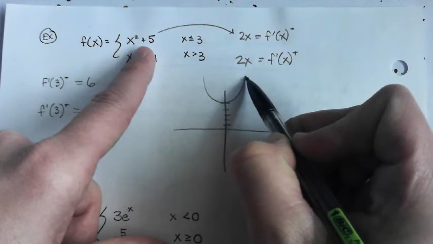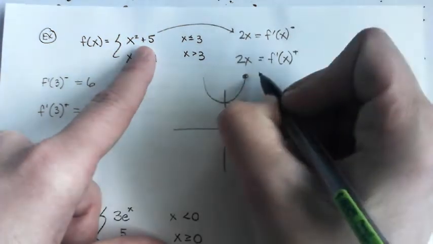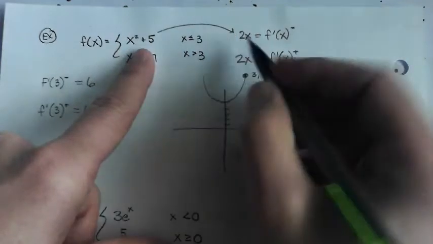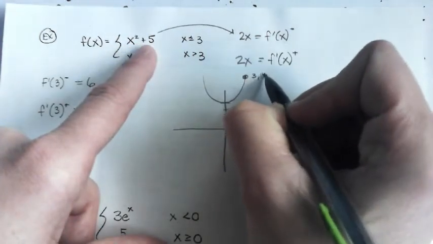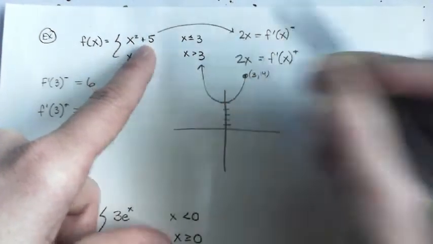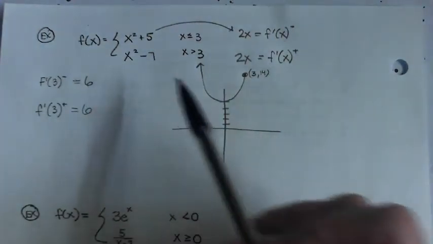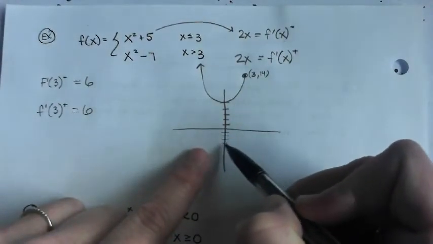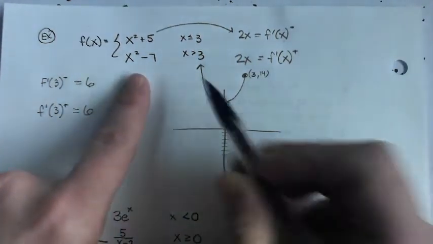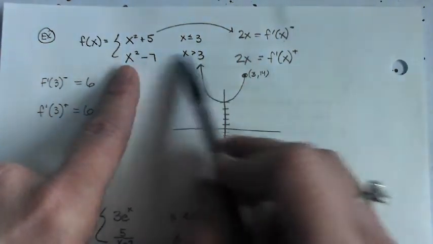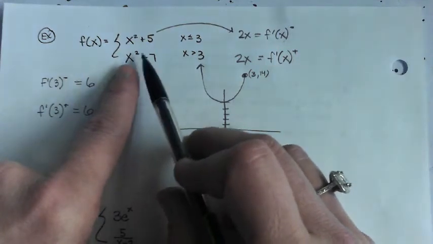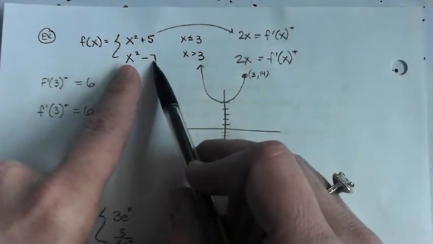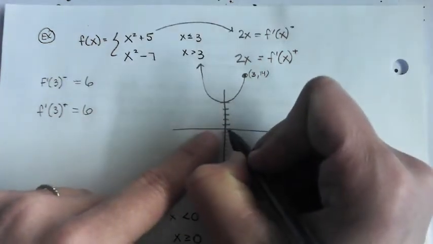And we have a closed circle that's at 3, comma, 9 plus 5 is 14. The other graph is going to be an x squared shifted down 7. And it starts at, when you plug in 3, 3 squared is 9, 9 minus 7 is 2. This one's graph starts at 3, comma 2.